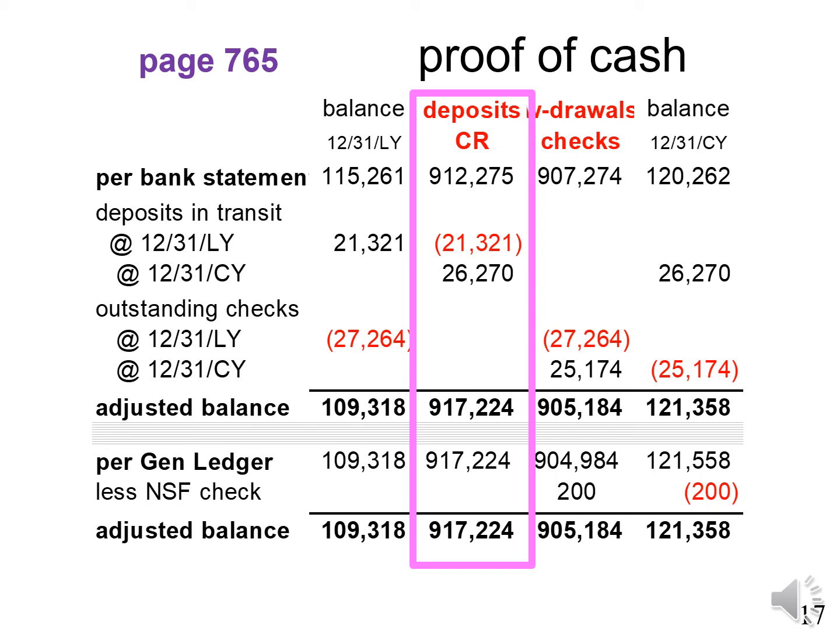So we have to add those to the deposits per the bank. And you see, now I can reconcile cash receipts per the book with deposits per the bank. This is good, heavy-duty, third-party evidence.